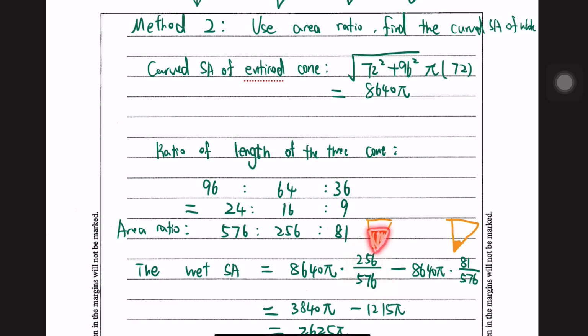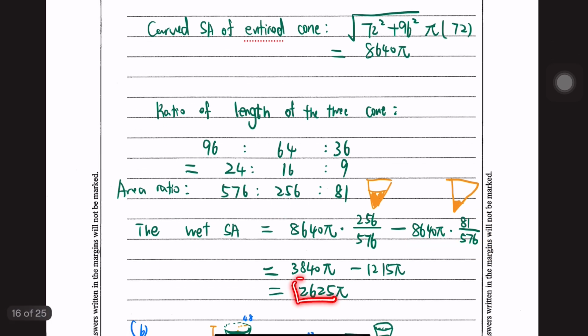And then we minus the lower part, the surface area of the smaller cone. What we have will be the frustum, right? So we minus the entire one times the ratio of the smaller one, okay? So after you minus it, you will get the same answers here. Of course, here you can say it's a common factor. You can take it out.